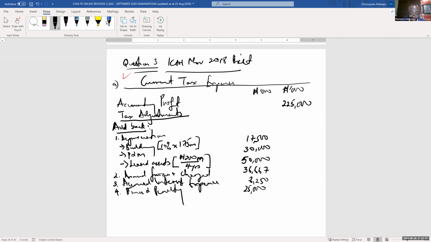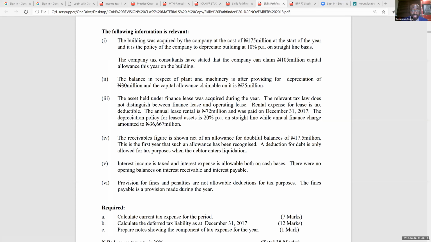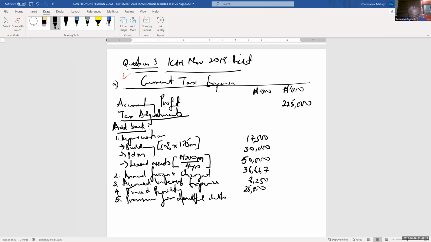A deduction for debt is only allowed for tax purposes when the debtor enters liquidation. And remember, when you make a provision, it's not a specific bad debt. Therefore, it's not allowed for tax purposes. In that case, what do we do? We add back provision for doubtful debts. How much is that? 17,500.